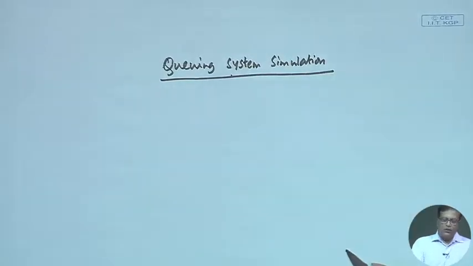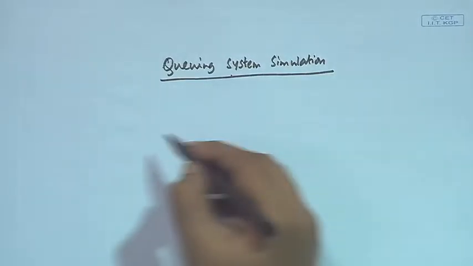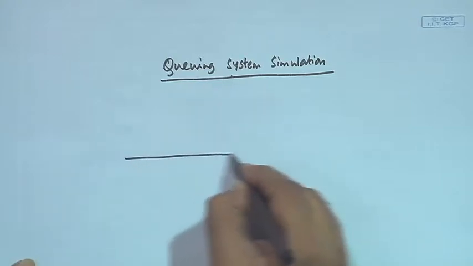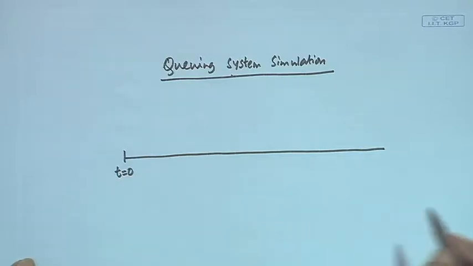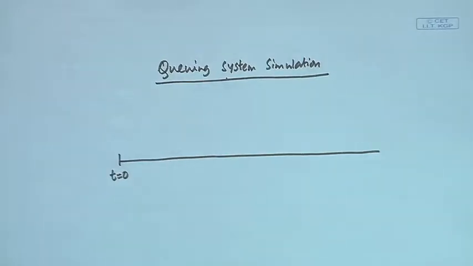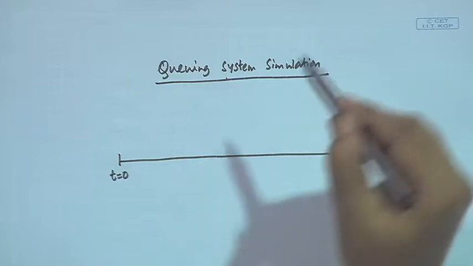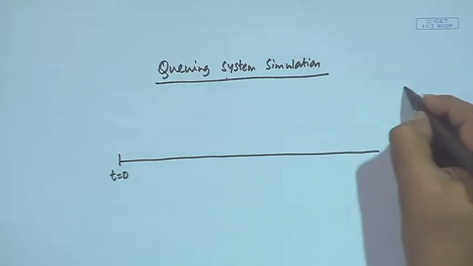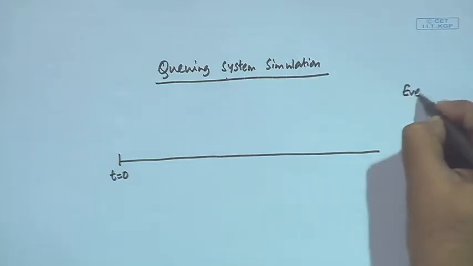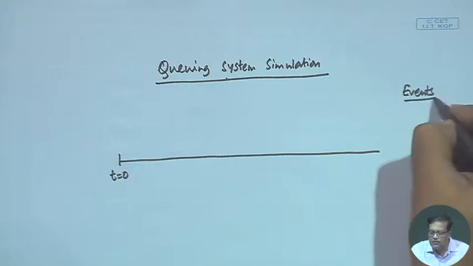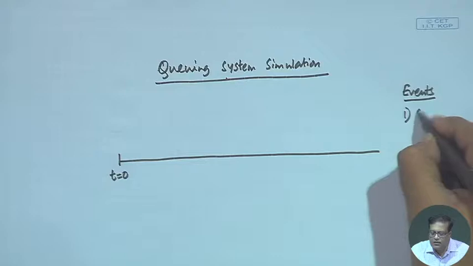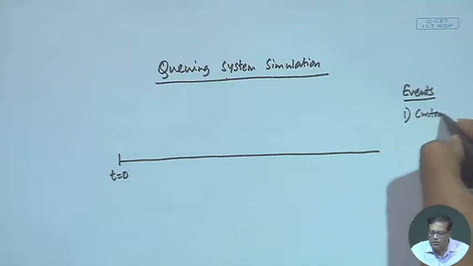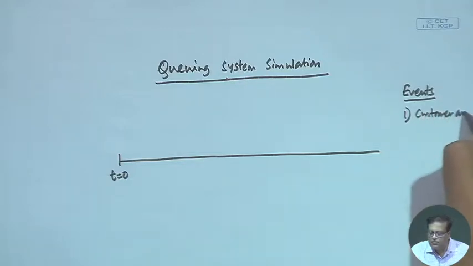In a queuing system simulation, you see this is the time dimension, this is t equal to 0. Now, what really happens? What are some events? There are 3 events. The first event is customer arrival.